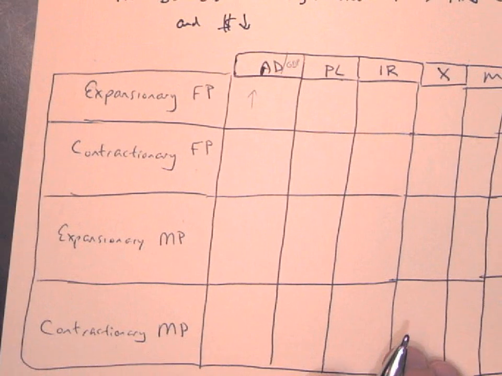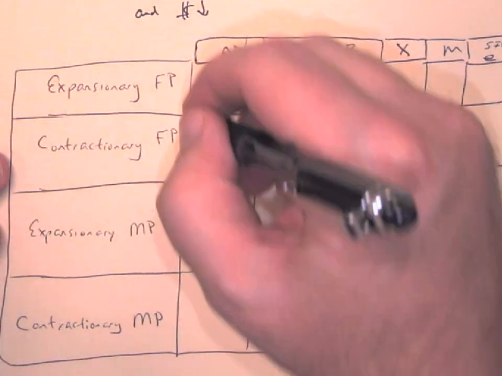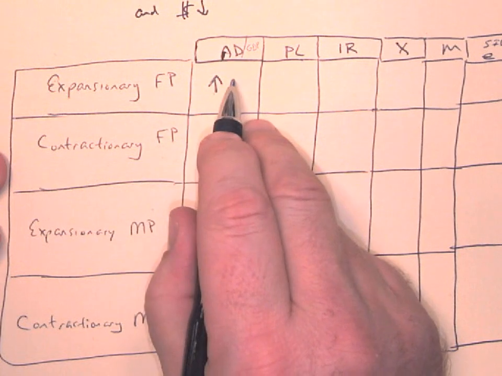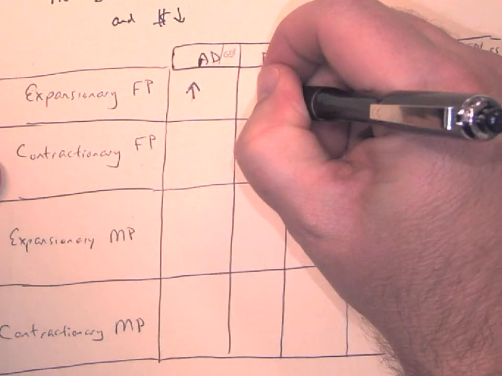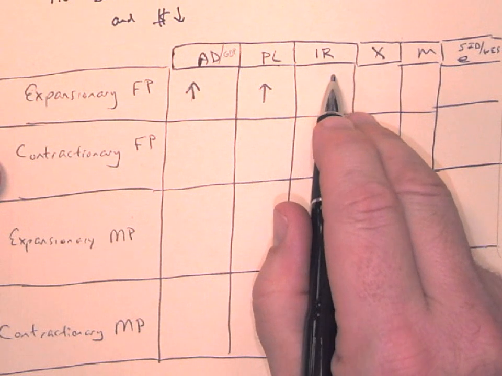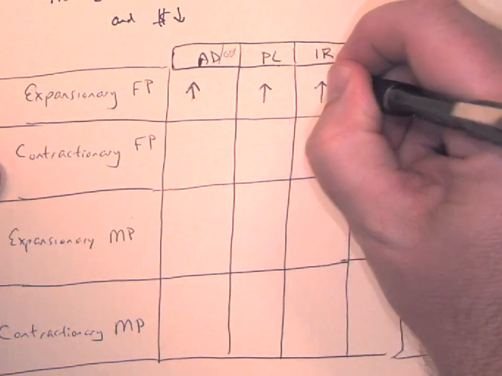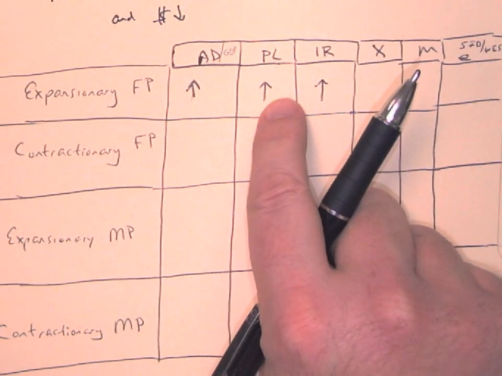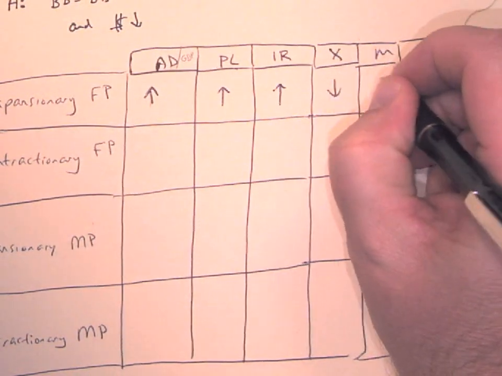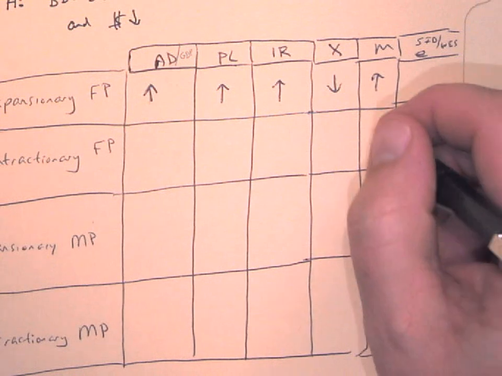So let's walk through the 4 possible scenarios and what happens. Kind of a review, but if we have expansionary fiscal policy, that makes aggregate demand go up. Unfortunately, when GDP increases, price level goes up, and interest rates are a price, aren't they? So those would go up as well. And if our price levels are up, our exports are going to decrease, our imports are going to increase.